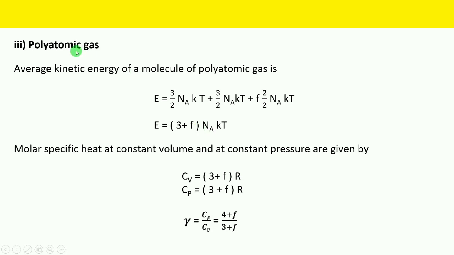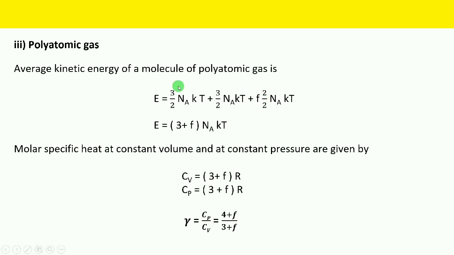Now if we consider a polyatomic gas, you can directly define internal energy. When you consider internal energy here, you will consider 3 translational degrees of freedom, 3 rotational degrees of freedom and F vibrational degrees of freedom.